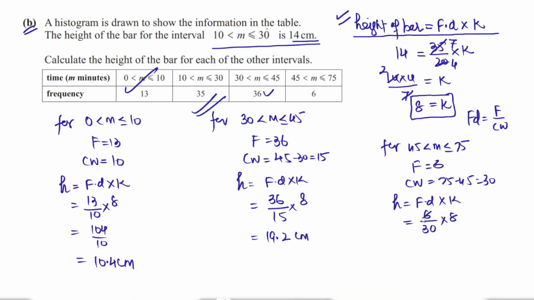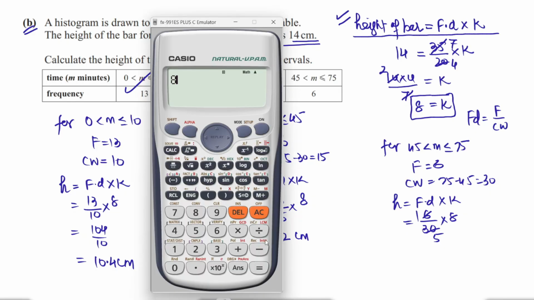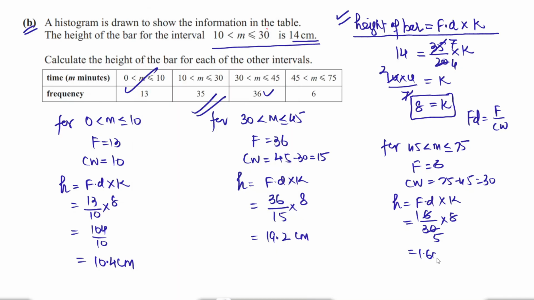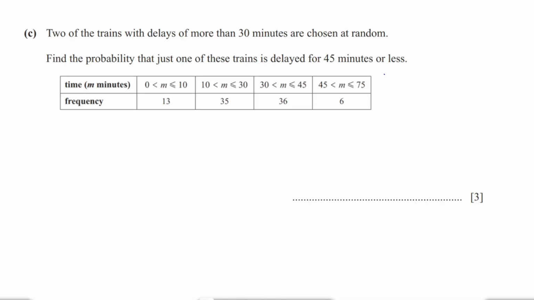We can write it as 8 by 5. So what is 8 by 5? 8 divided by 5 equals 1.6 on the calculator. So these are the heights of the required bars, and you need to remember this and make proper notes. This is a very, very important problem on which students generally get stuck. Okay, let us see the next one.